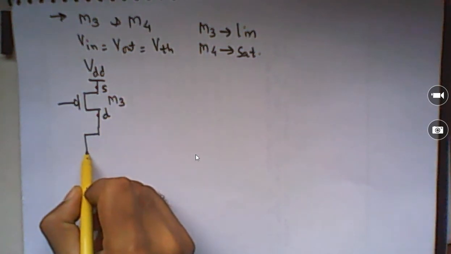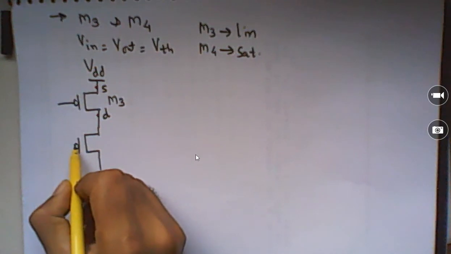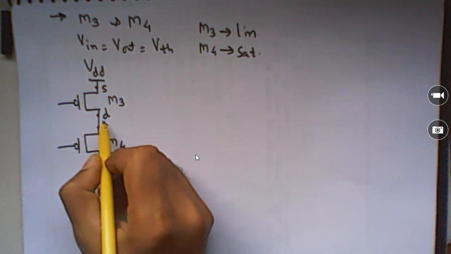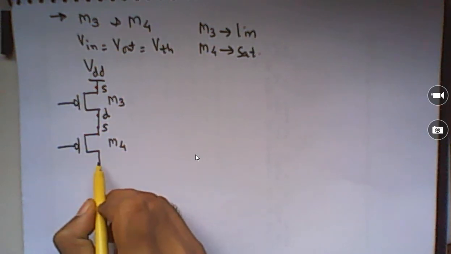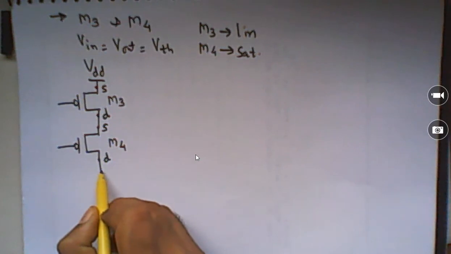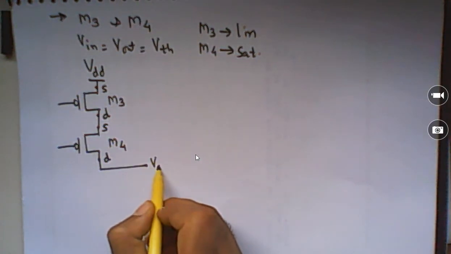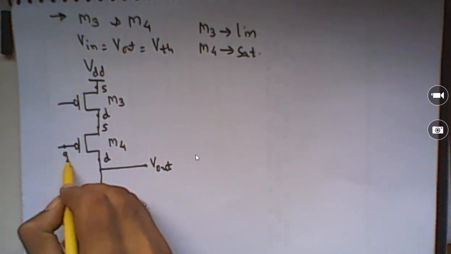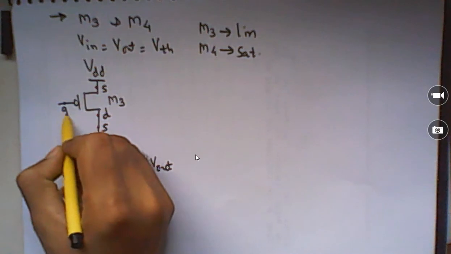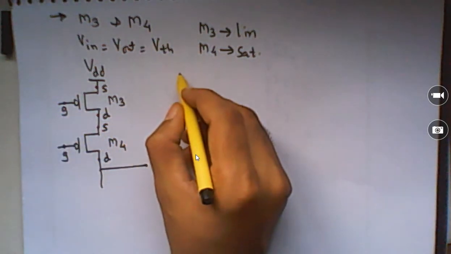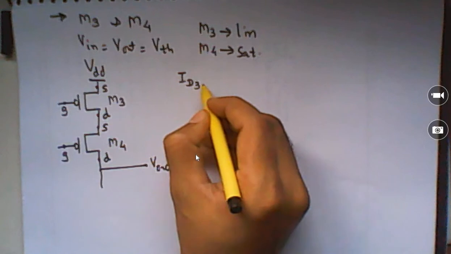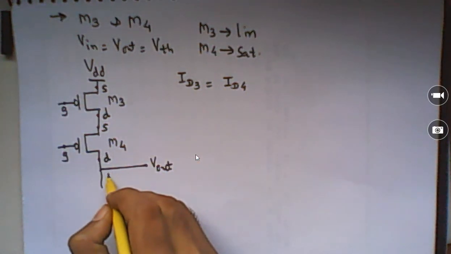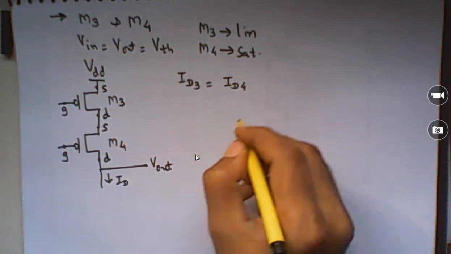And M4 is between the drain terminal of M3 and the output; the drain terminal of M4 is connected with the output, right? And this one is the gate terminal of M3 and M4. Now ID3 is equal to ID4, right? It is equal to the ID current ID.